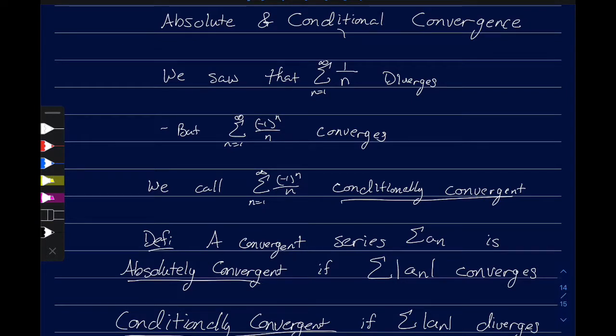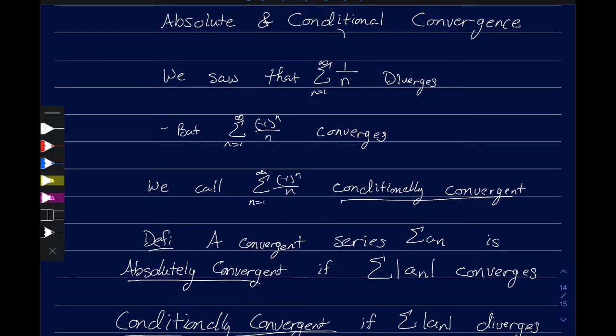Let's have a definition of what it means for something to be conditionally convergent and its counterpart, absolutely convergent. A convergent series is absolutely convergent if the sum of the absolute values converges. And we call it conditionally convergent if the sum of the absolute values diverges.